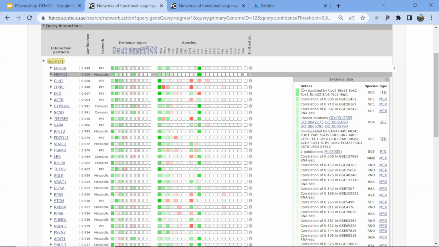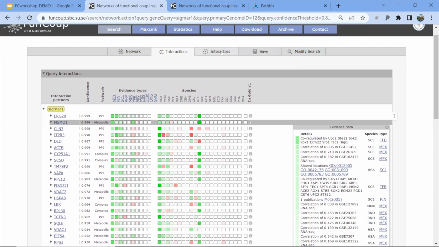Here we can see that these genes are co-regulated by a number of regulators from S. cerevisiae. We can also see that they have a high correlation in a number of mRNA co-expression data sets, and also in S. cerevisiae. And we can also see that they have shared cellular co-localization in human.